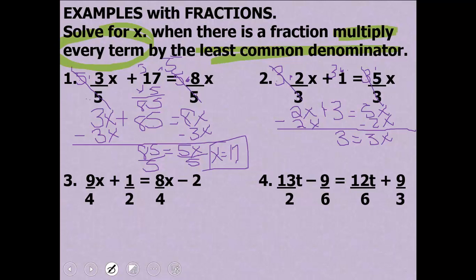And step 4 says I need to undo the operation of that coefficient. This is being multiplied, so I need to divide. All right? And I get 1 is equal to x. And if we check it, we get 2/3 plus 1 is the equivalent of 3/3, so 2/3 plus 3/3 is 5/3. 5/3 equals, and then 5/3 times 1 is 5/3, so 5/3 is equal to 5/3.